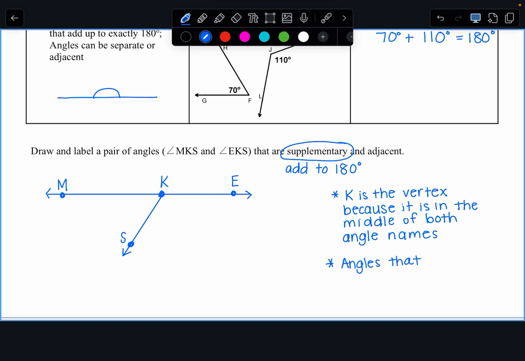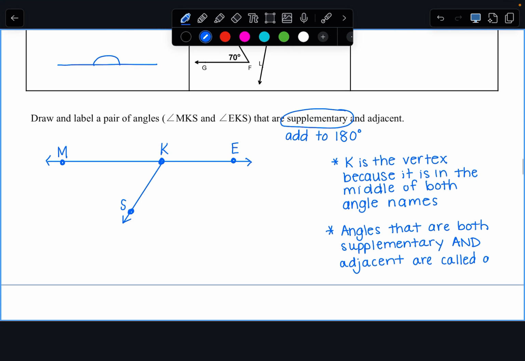So again, angles that are both supplementary and adjacent, meaning they're touching, are called a linear pair. Any questions?